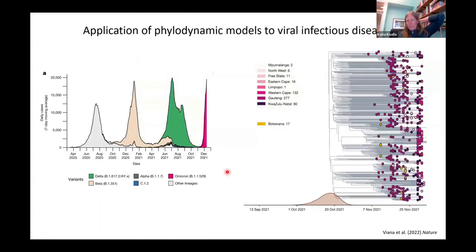So here's an example of this, with the recent SARS-CoV-2 pandemic. Here we see an example of Omicron emerging in South Africa at the end of 2021. You can see that over here in these daily case data. The authors of this paper had about 550 sequences sampled from South Africa and nearby countries, sampled in November and early December of 2021.